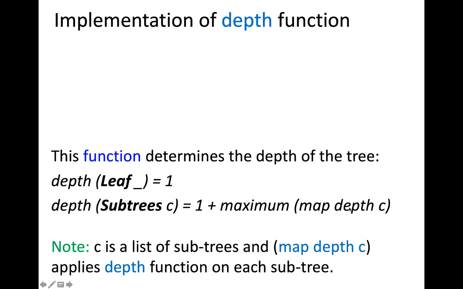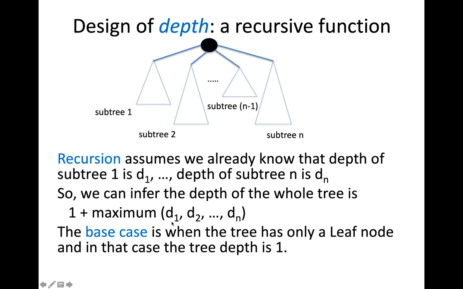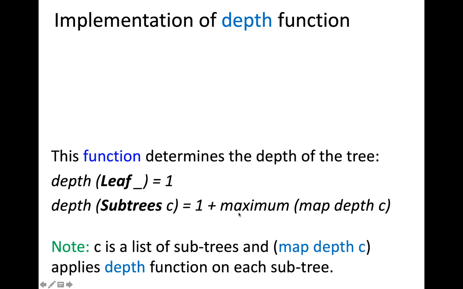Map applies the function which is the first parameter of the map on each item of the array, which is the second parameter of the map. And that is nothing but what we saw before, that d1, d2, dn, right? And then we get the maximum of those maximum depth of those subtrees, and then we are going to add 1 with that to get the final depth, right?